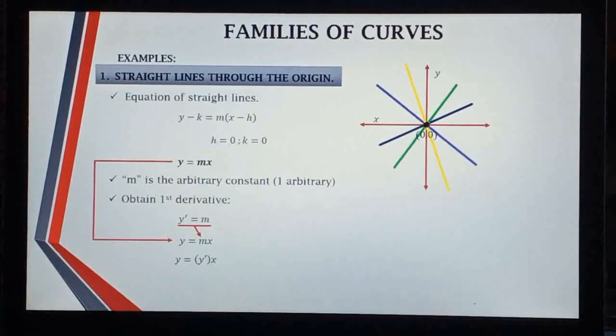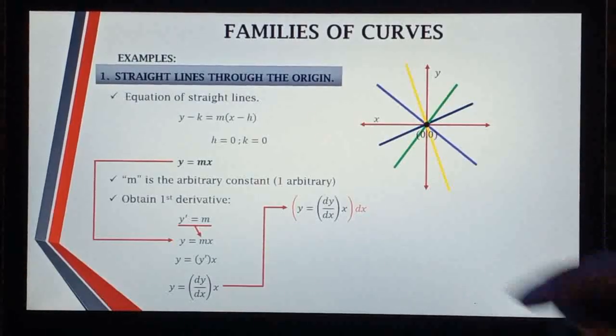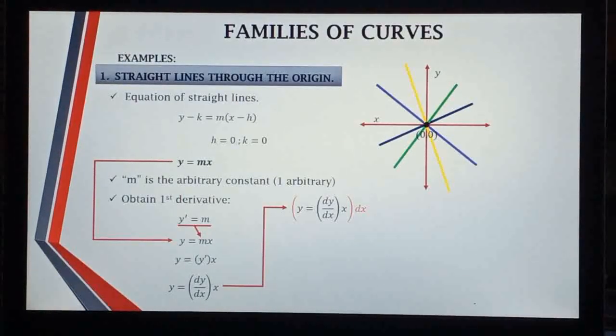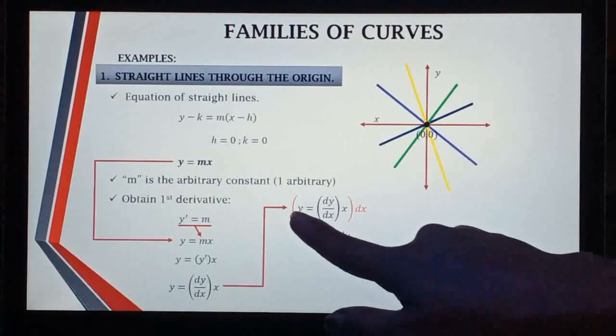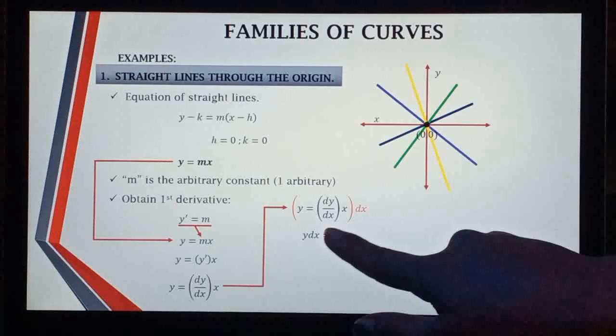But taking note that y prime is equivalent to dy over dx, so ang magiging equation na natin is y equals dy over dx multiplied to x. Now, simplifying this equation, paano natin siya isi-simplify? Siyempre, multiply natin siya sa dx. The whole equation will be multiplied to dx. So, distributing the dx, you will now have y dx.